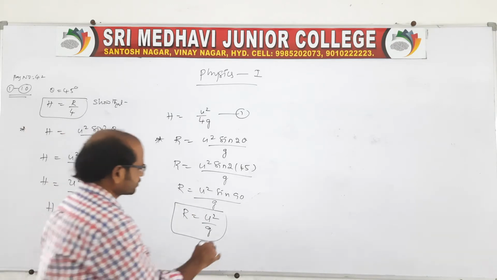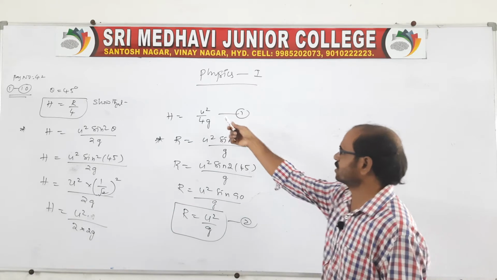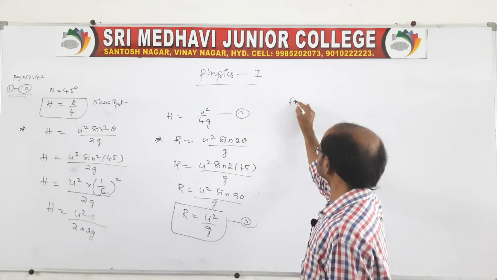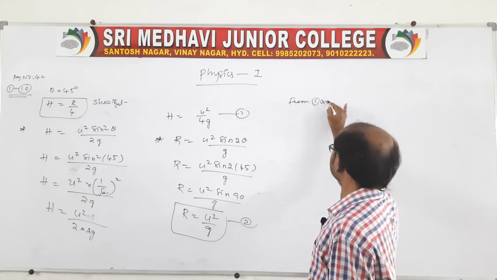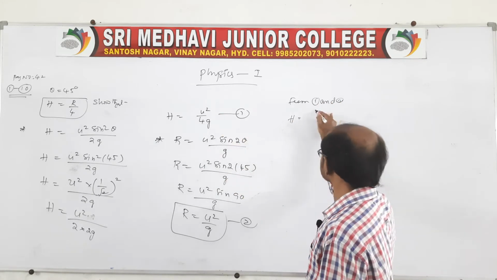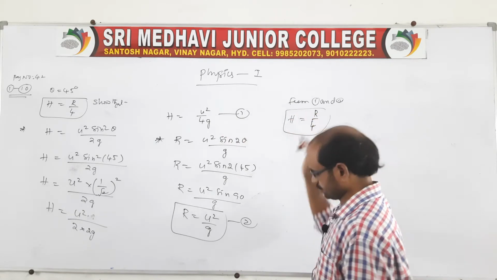Take this as equation 2. Now coming to the first equation, h is equal to u square by 4g. Here you replace from 1 and 2, so h is equal to u square by 4g, which is nothing but the range divided by 4. Yes, hence it is proved.